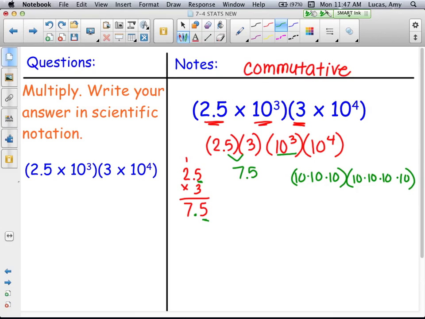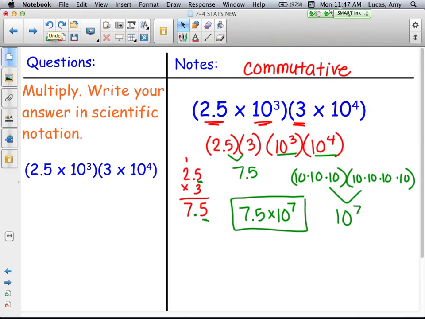So 10 to the third times 10 to the fourth would give me 10 to the seventh power. There are 7 tens. So my final answer should be 7.5 times 10 to the seventh power. So I rearranged the terms so that I could multiply together the 2.5 and the 3, and then the 2 powers, because when you have the same base, you can add the exponents. So we can add those exponents because the bases are the same.